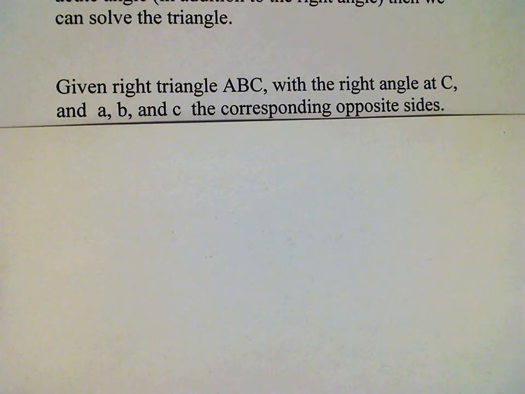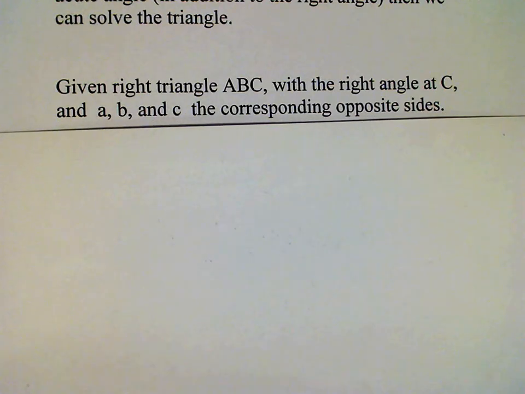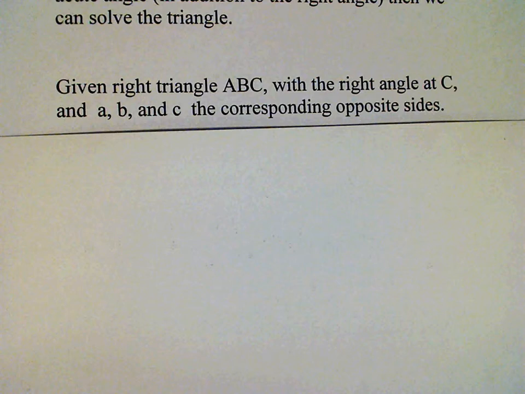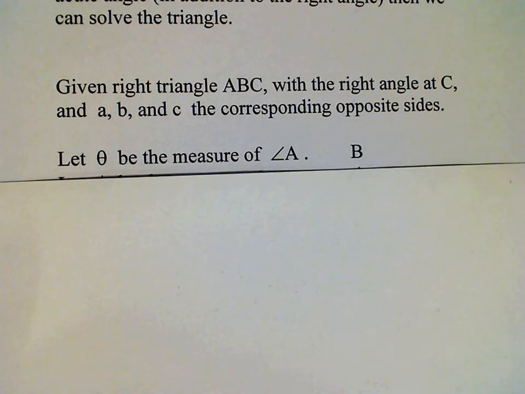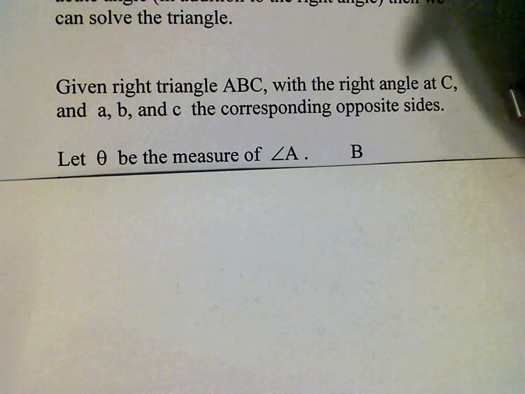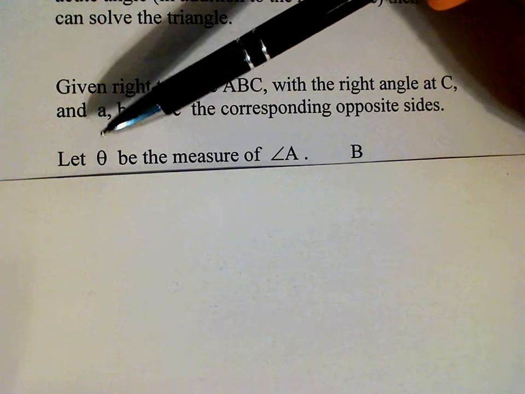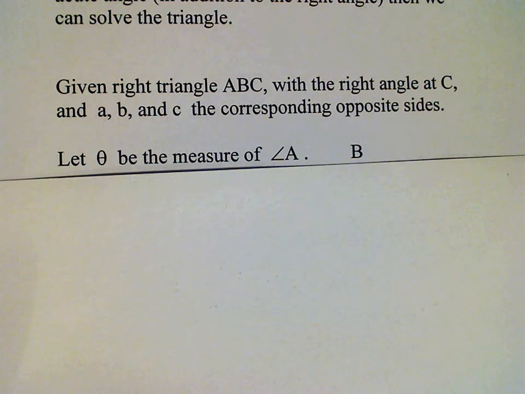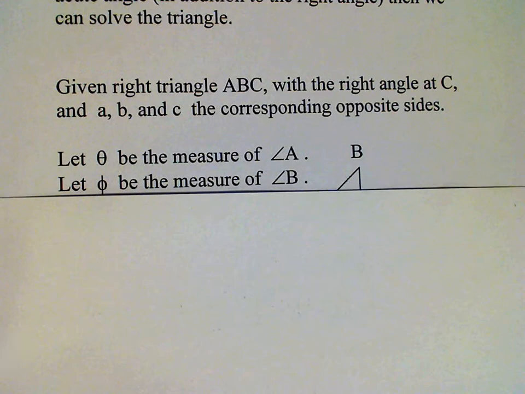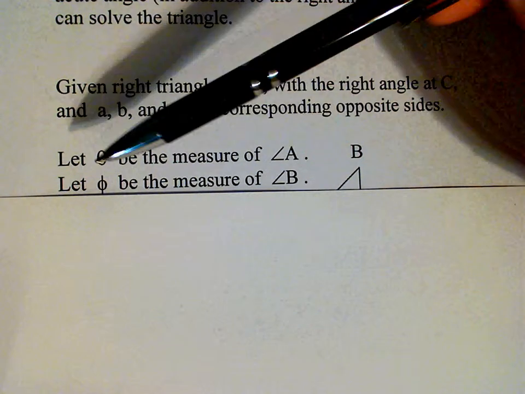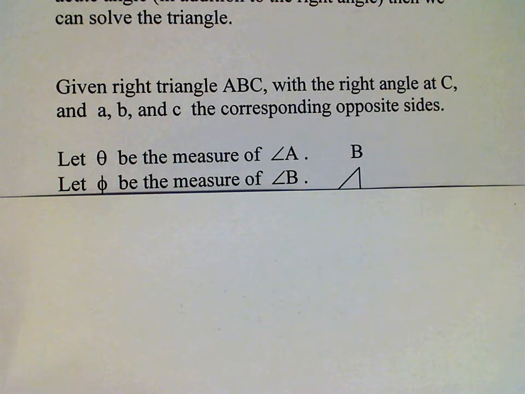And the lowercase letters a, b, and c will represent the corresponding opposite sides. And we're going to let this symbol here, which is the Greek letter theta, represent the measure of angle A. And this symbol here is sometimes used to represent the measure of angle B. That's the Greek letter phi.